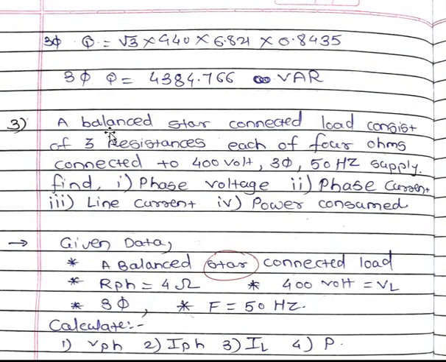Numerical number 3: a balanced star connected load consists of 3 resistances, each of 4 ohms, connected to a 400 volt, 3 phase, 50 hertz supply. In this example, a balanced star connected load is given, but we solve it by using a delta connected load, in which the 3 resistances are each 4 ohm, that is, the per phase resistance is 4 ohm.